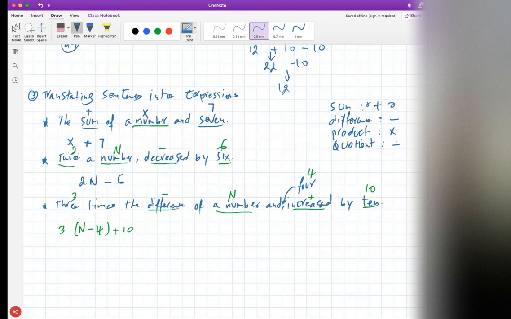When you say the difference, also something here and here. The difference between what? So we have a minus, but it has to have two things, one on each side. So that's the translation.